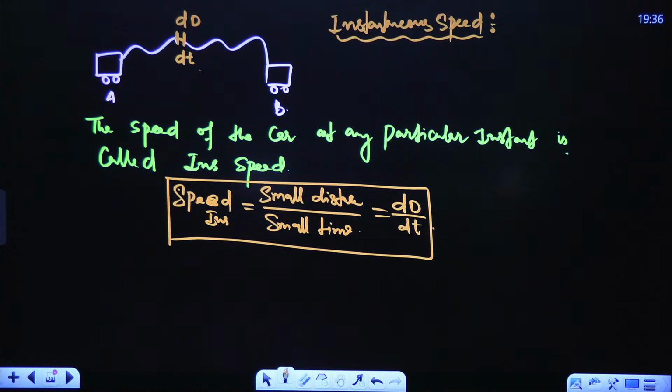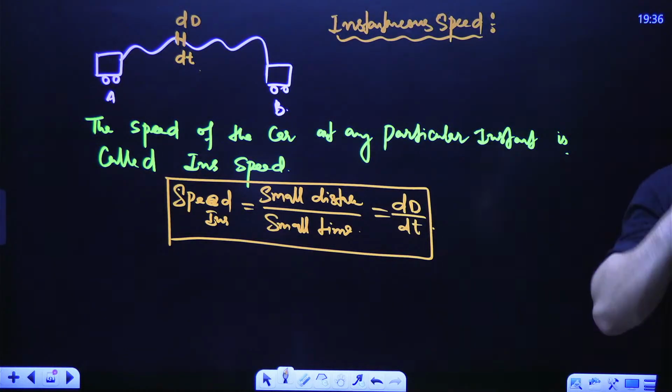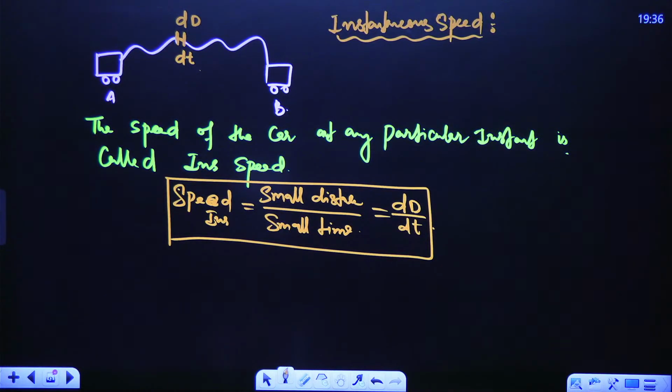Is this crystal clear? Everyone means everyone, guys. Tell me, guys.